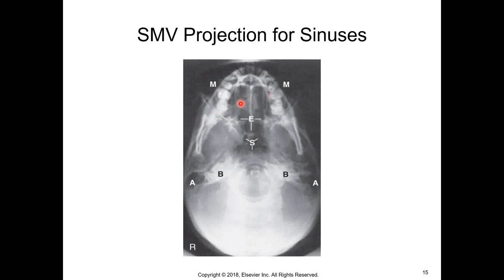If it's superimposing your ethmoids, you need to extend the neck more so that it gets out of the way. So that's really important for evaluation criteria. And then these are your petrous ridges here, your ethmoid air cells here, and these are your maxillary sinuses up in here. But more than anything for SMV is seeing the sphenoidal sinuses, which are closer to the center of the skull, and then your ethmoids free of superimposition of your mentum.